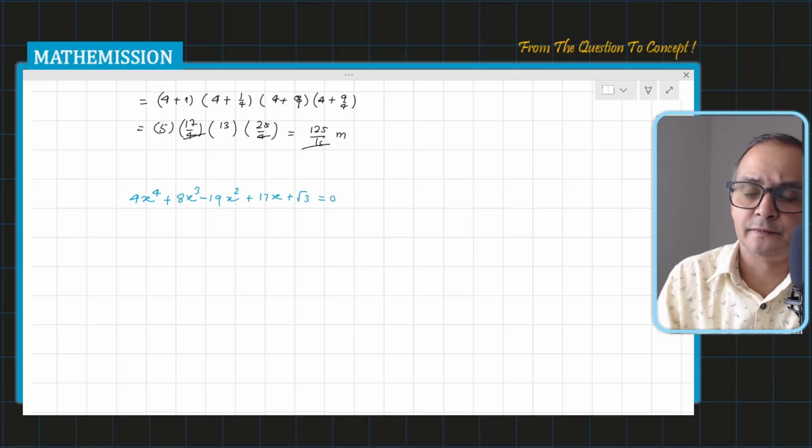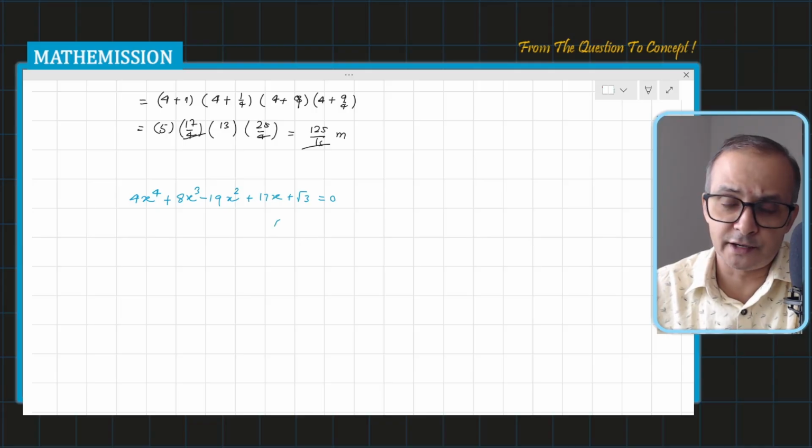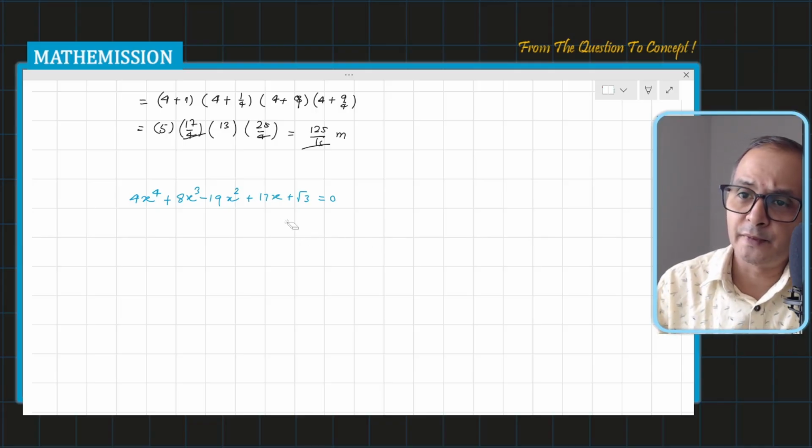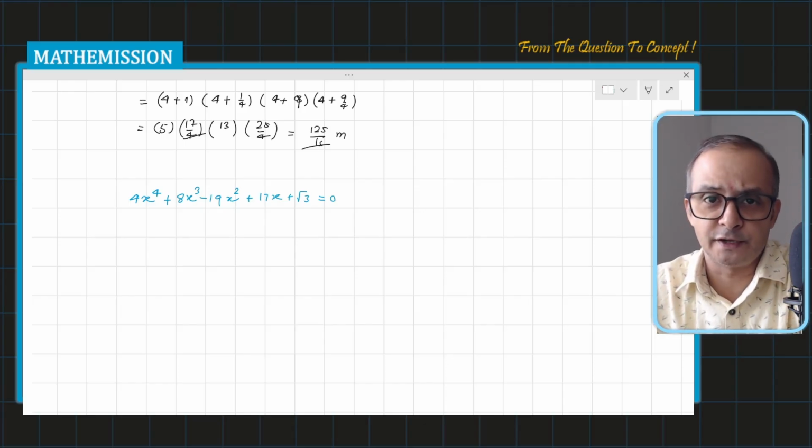Then how do we find it? It will be difficult, because the root 3 is there, and so we cannot use the a naught by a ratio to guess the rational roots. It means it has no rational roots. Then how do we handle this kind of expression?